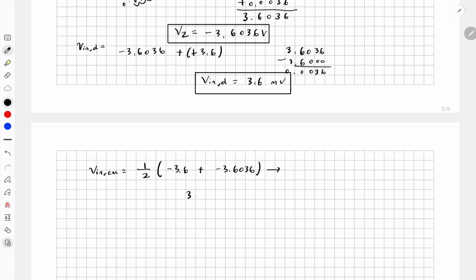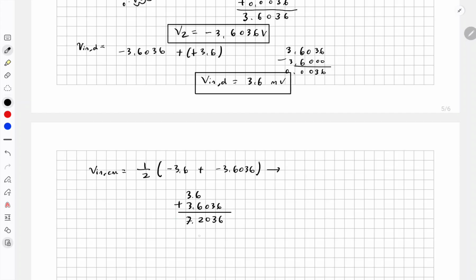Let's find the magnitude: 3.6 plus 3.6036 is 7.2036, negative because of the minus sign.